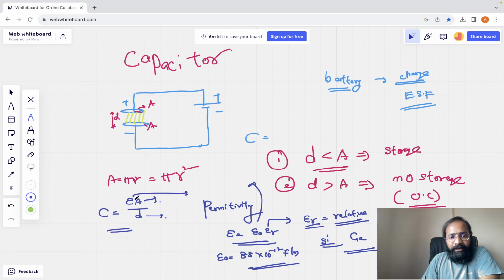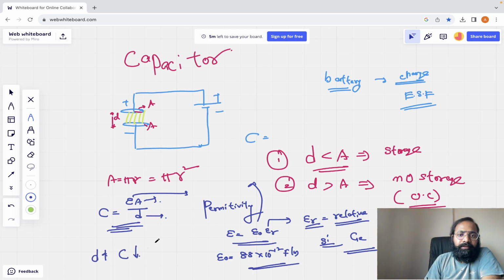So these are all the different parameters. From this formula, what we can understand is that if D is increasing, then C decreases. Try to understand carefully. The concept I am telling you right now will be helpful to understand the passive transducers in the 10th unit of our UGC NET.